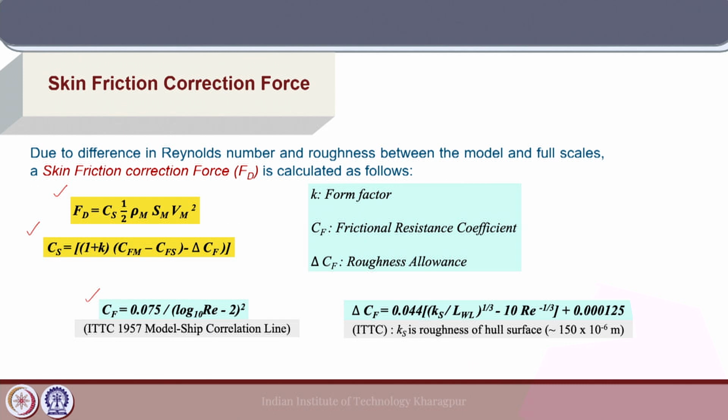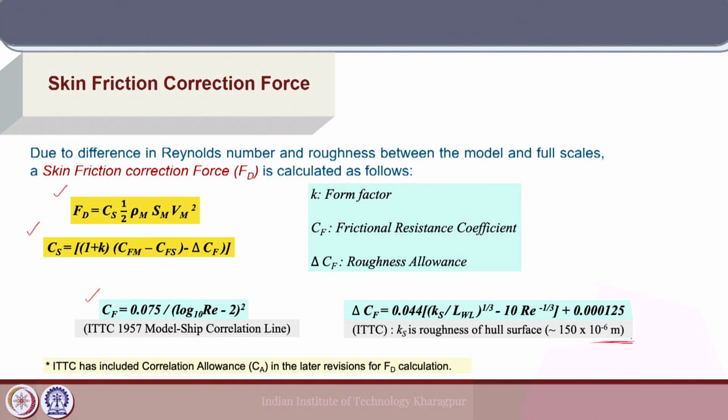Here Ks is the roughness of the hull surface in the full scale ship, and if the value of Ks is not known, ITTC recommends this particular value to be used for the calculation of delta Cf, the roughness allowance. Now, this skin friction correction force includes the differences of friction resistance coefficient between the model and full scale, and also the effects of roughness of the full scale ship.